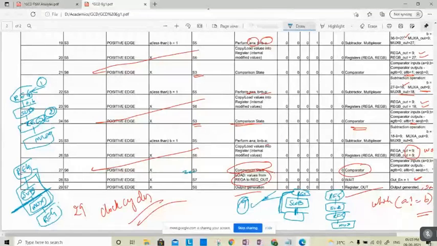So see, the subtractor operation A minus B is available here. Now can the multiplexer take that particular A minus B in the same first clock cycle? No sir.